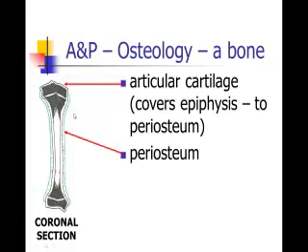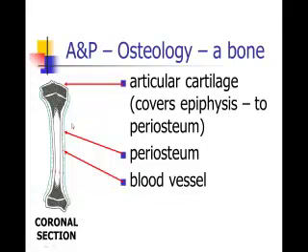Okay, there's the periosteum, and periosteum is going to have blood vessels, both arteries and veins, that it shares with the bone. We're going to have Sharpey's fibers that connect the periosteum to the shaft of the bone. That stabilizes it so it doesn't move around a lot.